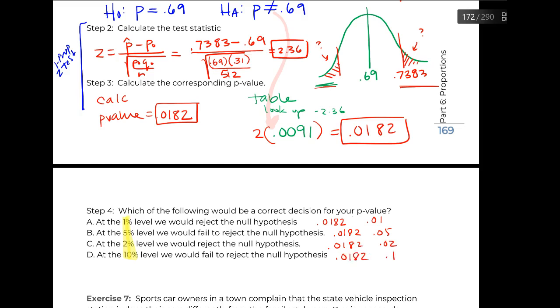And so it is greater than 0.01, less than 0.05, less than 0.02, and less than 0.1. So for this one, we would fail to reject. And for all these, we would reject the null. So opposite, opposite, and there's the only one that's correct.